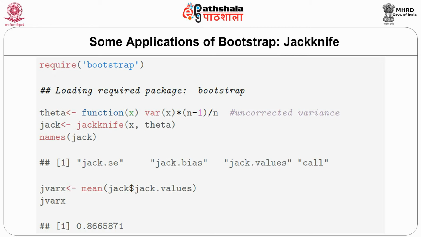So, require bootstrap and then define theta, the parameter of interest that we are going to estimate, which is function x, var x into n minus 1 by n, that is the uncorrected variance, and then simply call jackknife x theta, where x is the sample, and store it in an object called jack.